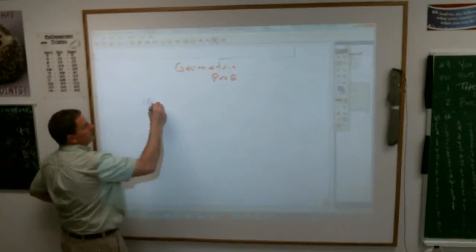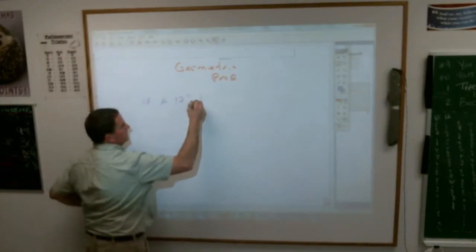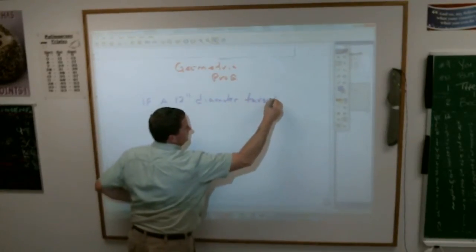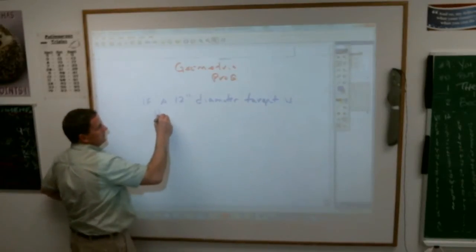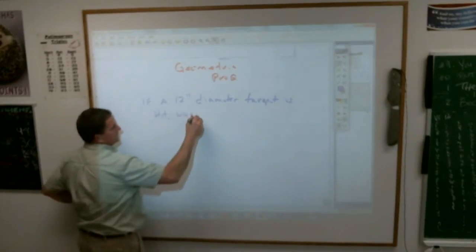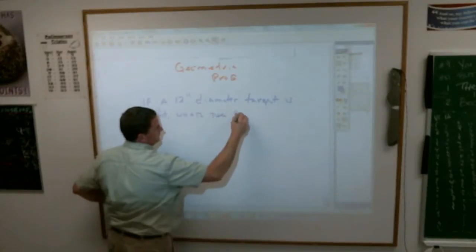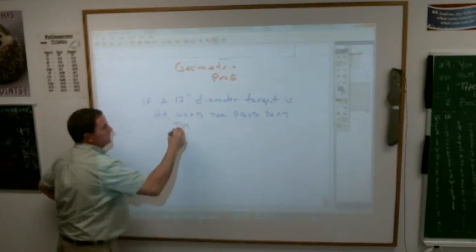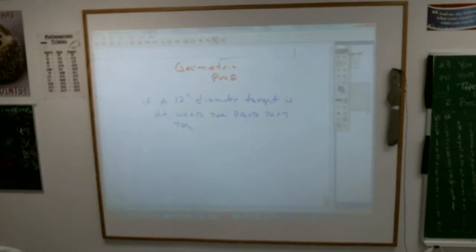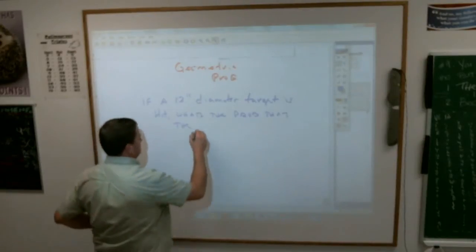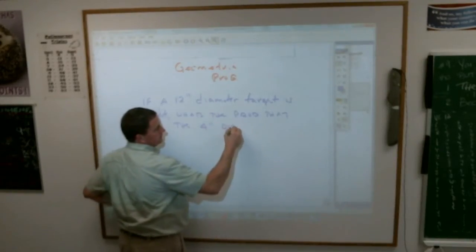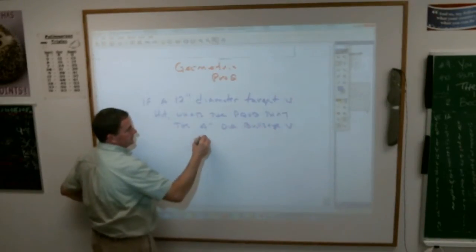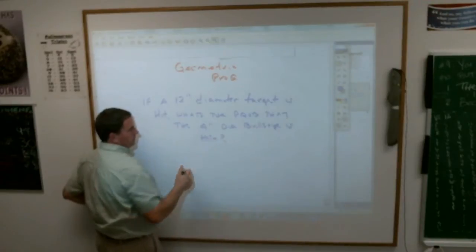If a 12-inch diameter target is hit, what's the probability that the 4-inch diameter bullseye is hit?